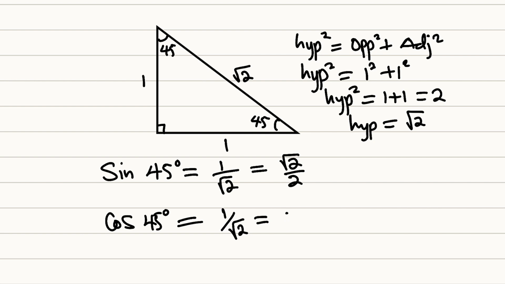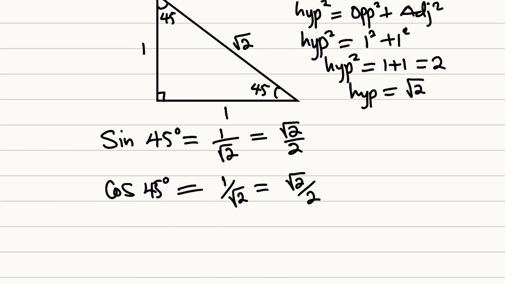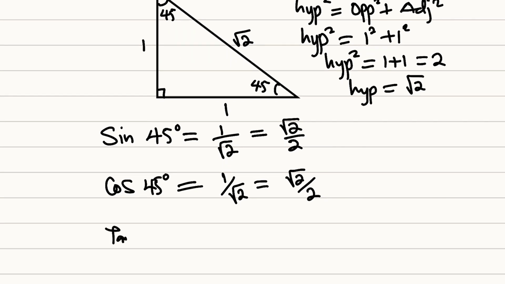Rationalize this, you get root 2 divided by 2. This implies that both sine and cos of 45 degrees are equal. Then the last one, which is tangent of 45 degrees, is equal to opposite divided by adjacent. Both opposite and adjacent are equal to 1. We have 1 divided by 1, which is equal to 1. Therefore, tan of 45 degrees is equal to 1.